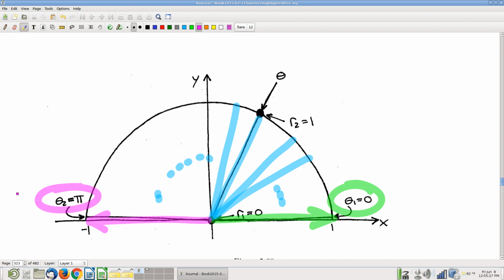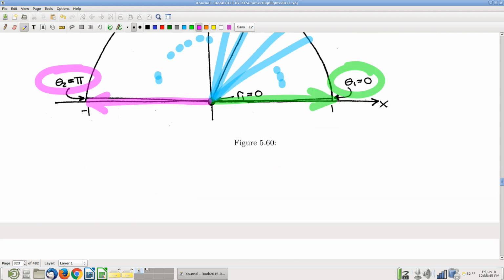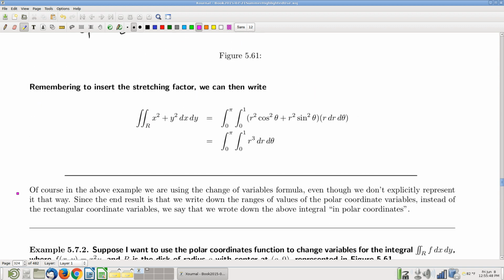And it's just really easy to see that this means that theta goes from 0 to pi. I mean, if you want to draw the r theta picture, you can, but you're really doing a lot of make work there. The information we need is here. So yeah, theta, 0 to pi.